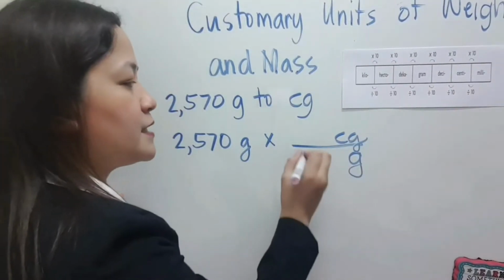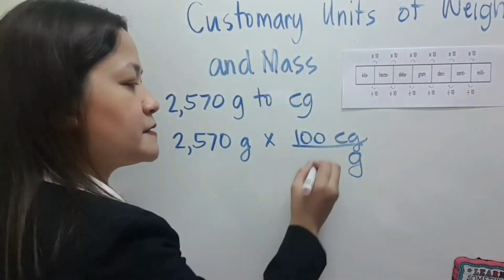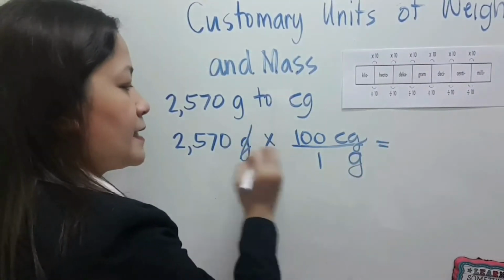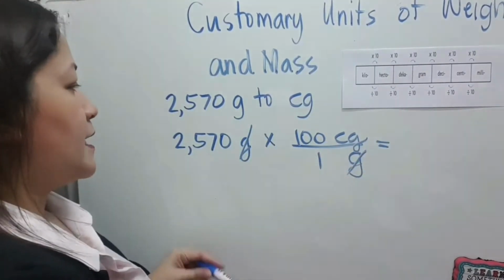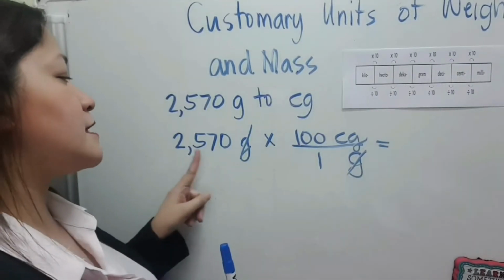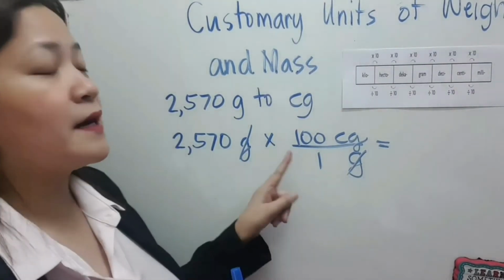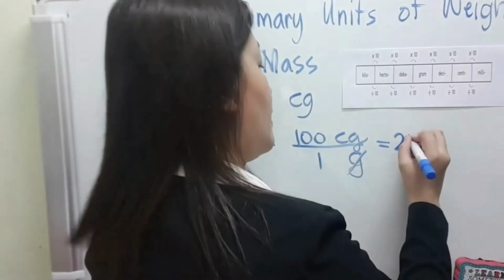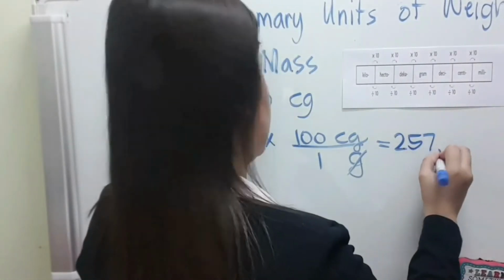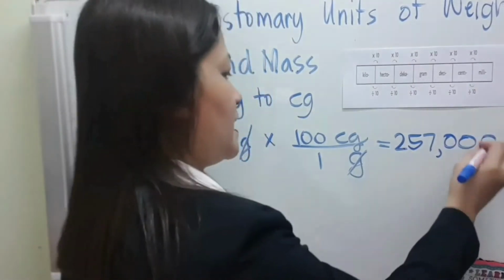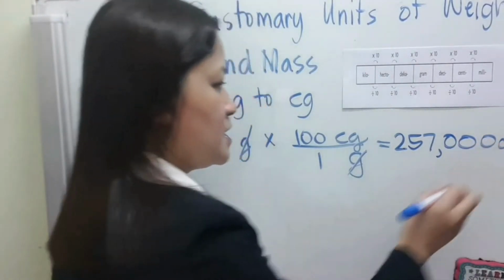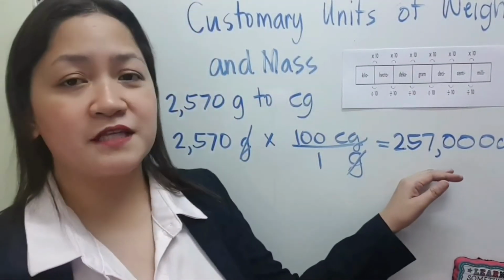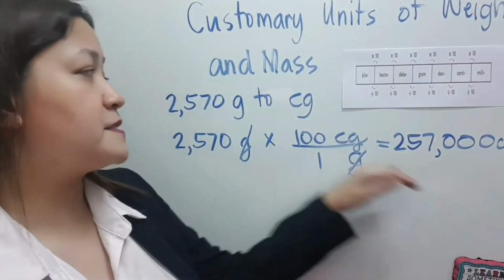So we know that there are 100 centigrams in 1 gram. Cancel the unit gram. And then multiply 2,570 by 100. And that will give us 257,000 centigrams.